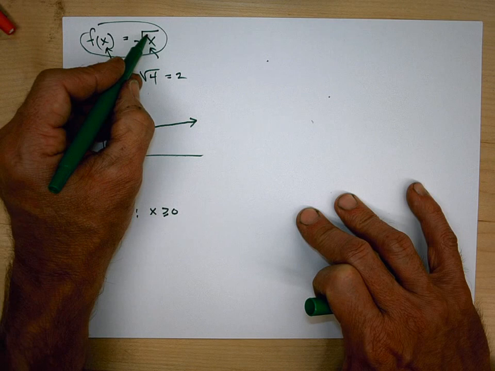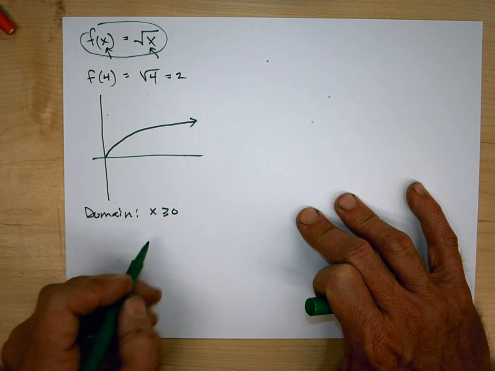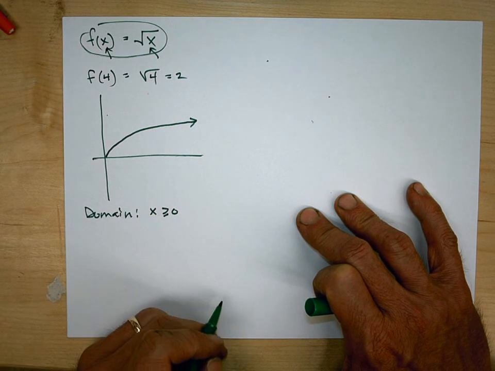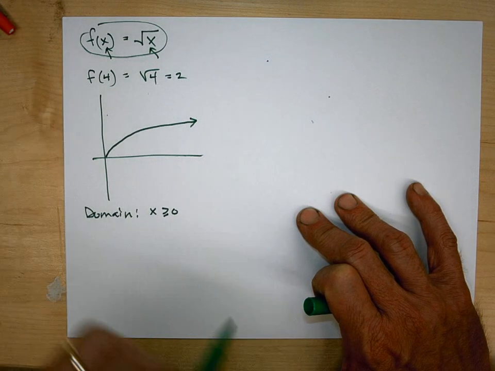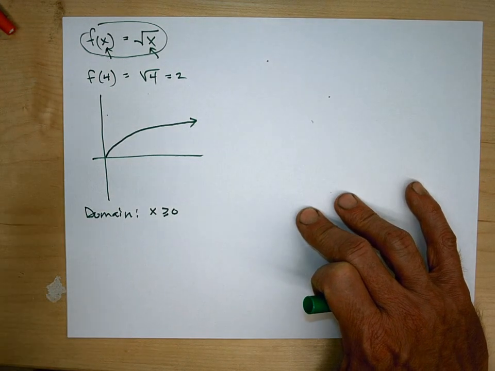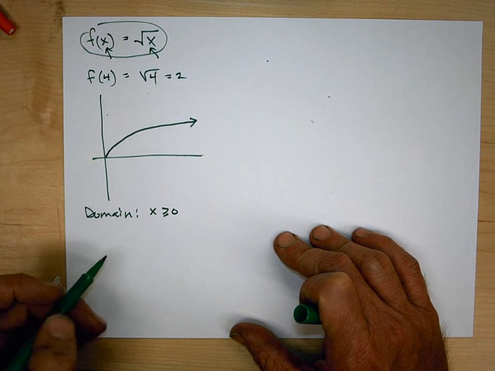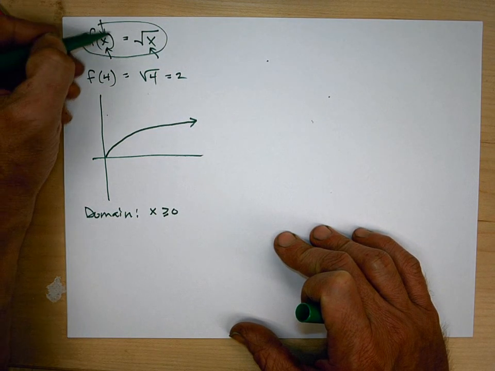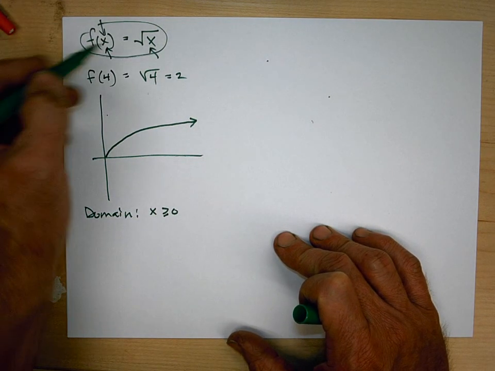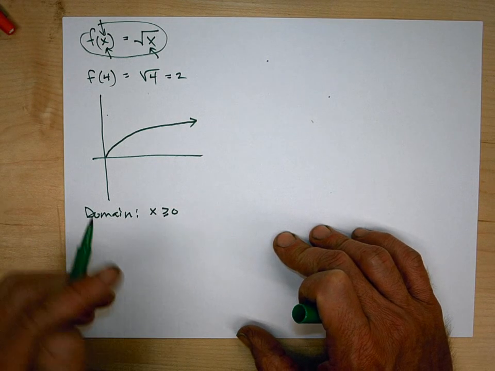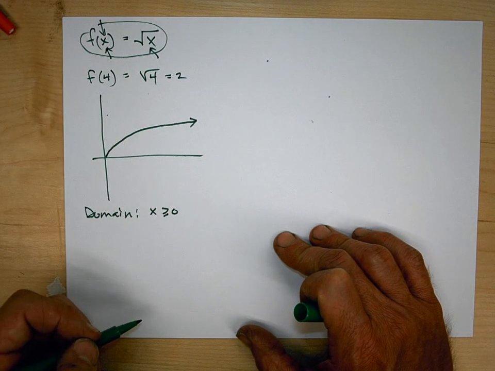Notice x cannot be negative, so that's not part of the domain. We could take the square root of a negative number, but it wouldn't be a real number, and we are talking about real valued functions here. So we put real numbers in, we want to get real values out. That's an important restriction that we have on the functions that we're working with.